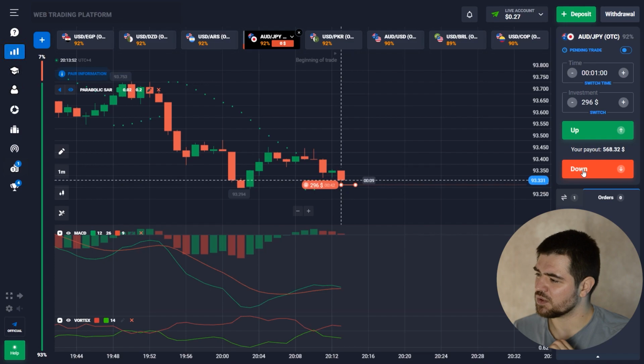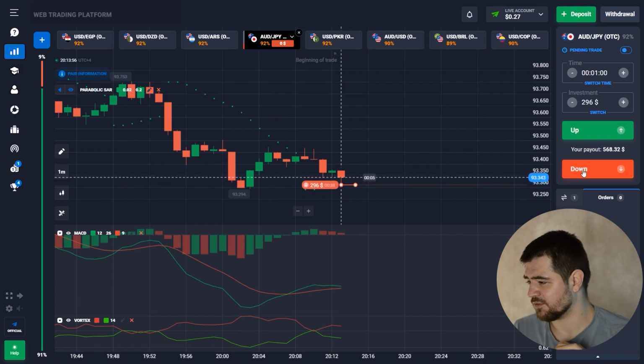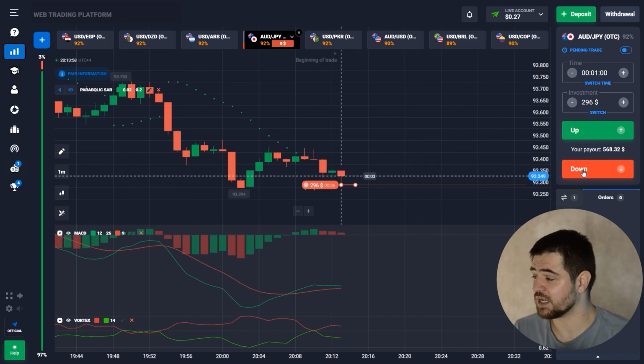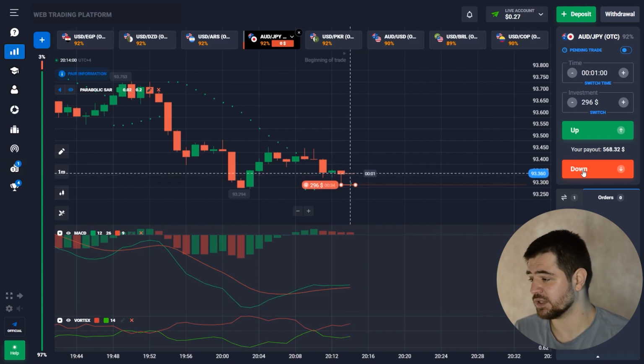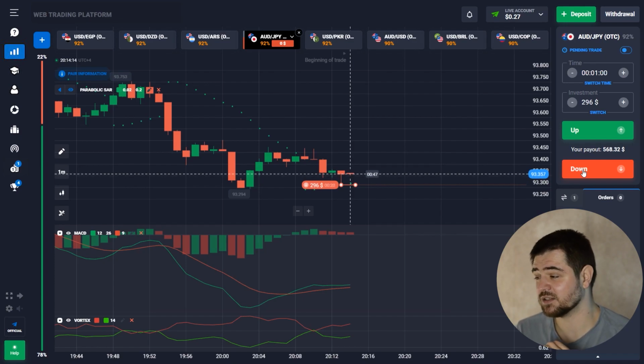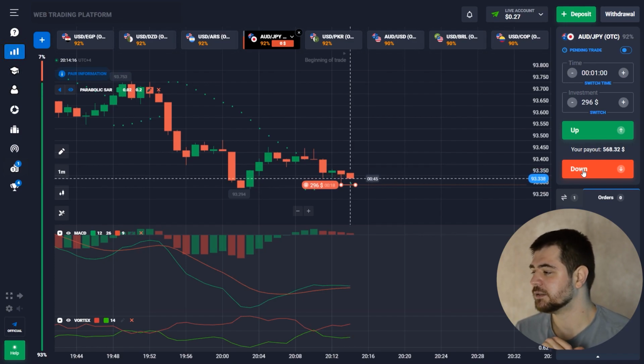So I expect price to drop, and then also we have vortex that's also showing that. The red line is actually trying to dominate and goes up, making the gap bigger. That means the one that's at the top is dominating.